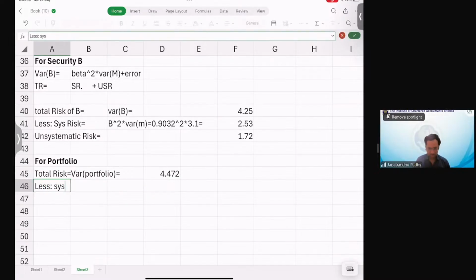For subtracting the systematic risk, I need to get the beta of portfolio squared into variance of market.